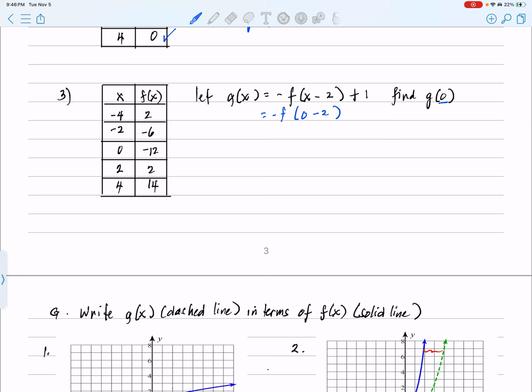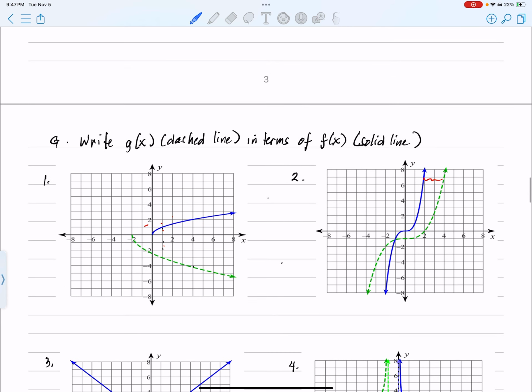That is a negative f of negative 2. And what is that in the negative 2? That is negative 6. So we still have plus 1 here. So plus 1, that is equal to, and this is a negative, so this will become a positive, double negative. So this will become 7. So the g of 0 is equal to 7.